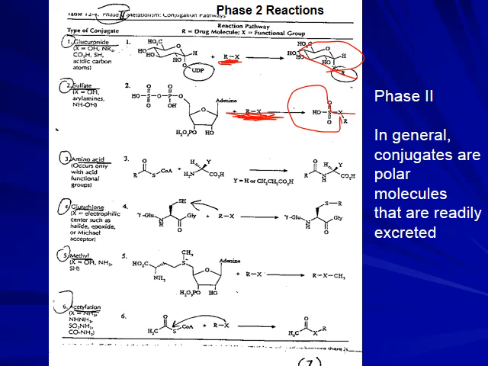So the enzyme that does this reaction is called glutathione S transferase. GST. Glutathione S transferase. Sometimes you see glutathione abbreviated as GSH. The G stands for glutathione. The SH is the sulfhydryl group on cysteine.